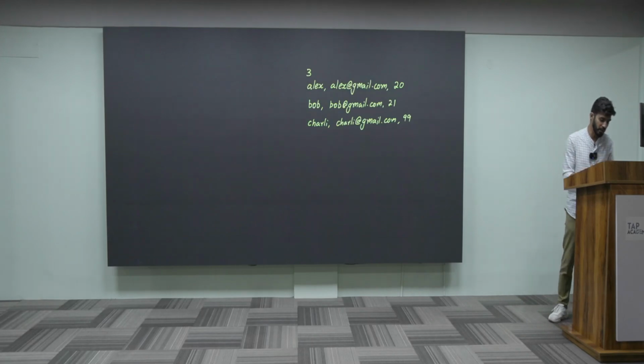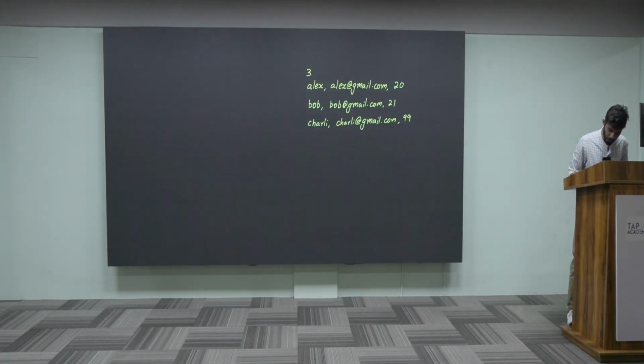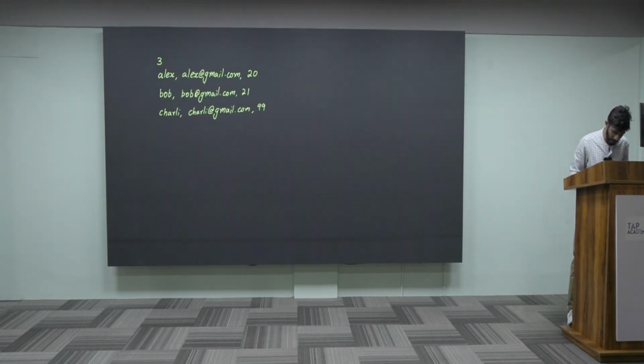How should you print these details if you ask me? The output should look like this. Let's assume this is the input. The output should look like this. ID colon and after that 1. Next, name colon Alex.